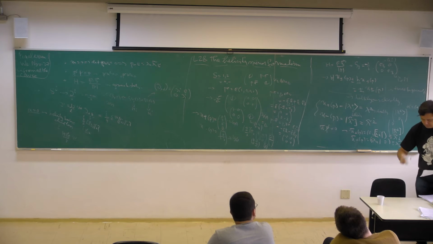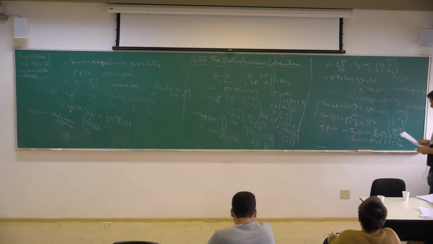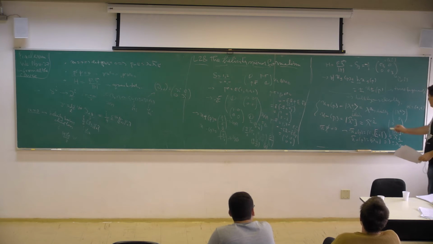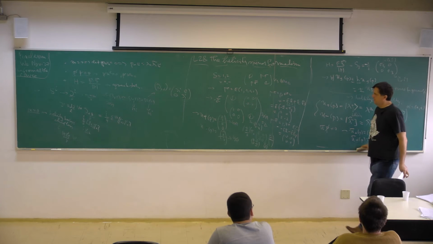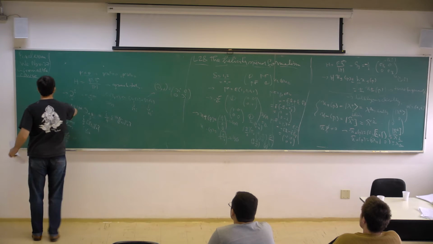Now the convention for having up and down indices, raising and lowering the indices, has to be done with a two-dimensional kind of metric, but with spinorial indices. And there's only one such object, and that's the Levi-Civita tensor, epsilon.